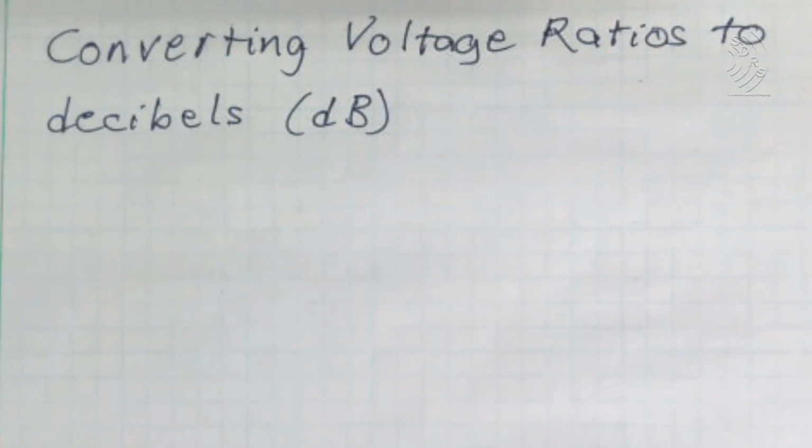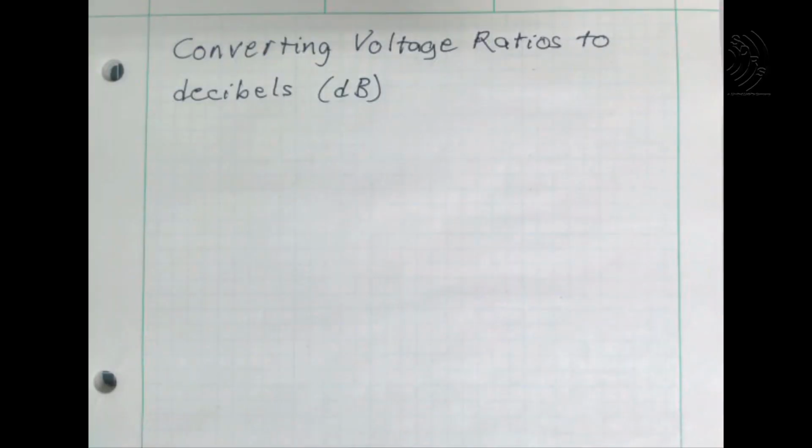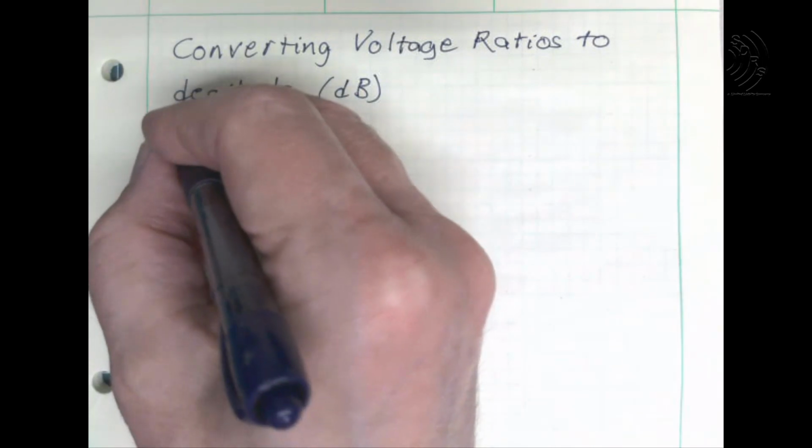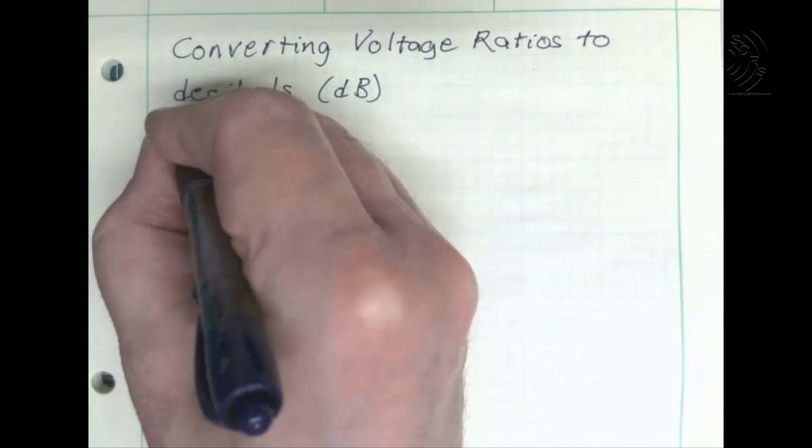We're also going to consider converting voltage ratios to decibels or dB. And we'll start with the same formula for converting power ratios to dB.